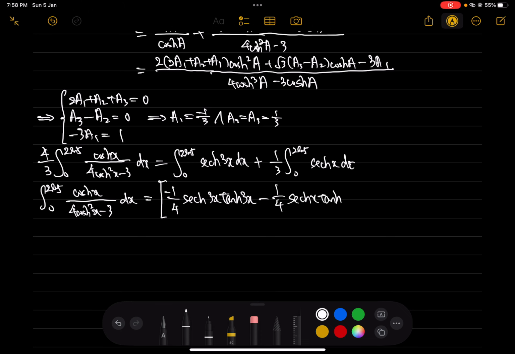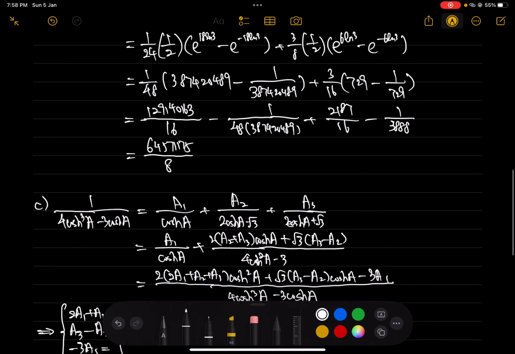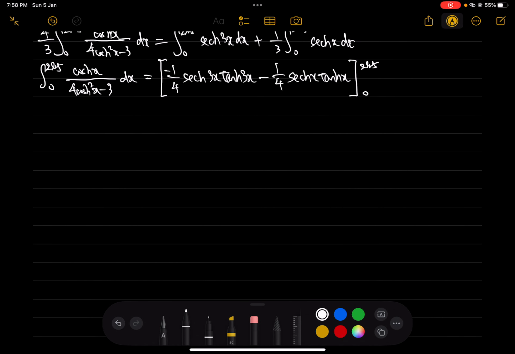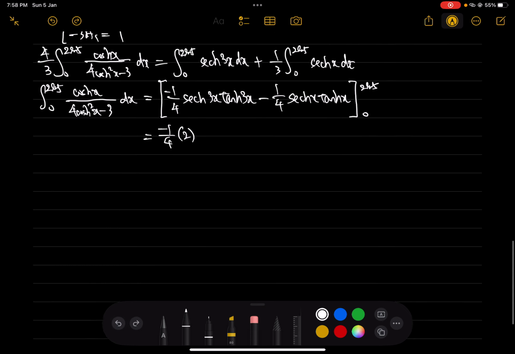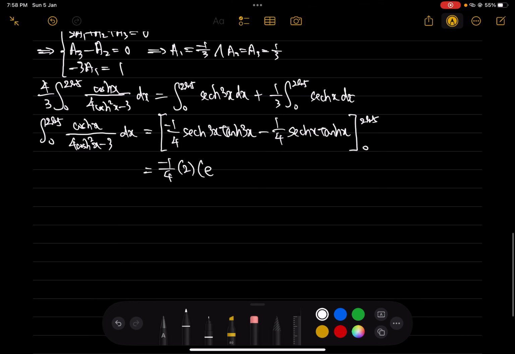Alright. From 0 to 2 natural log 5. And let's use, hold on. 2 and then e to the 2 natural log 5, negative 2 natural log 5, negative 1. Oops, should be 6. My bad.